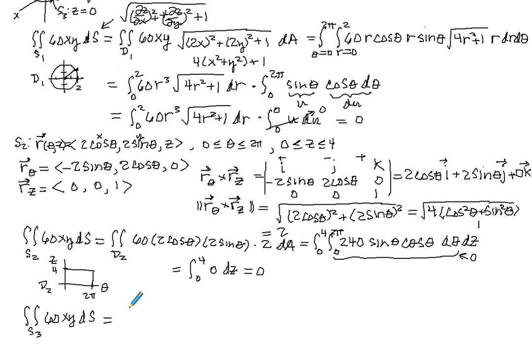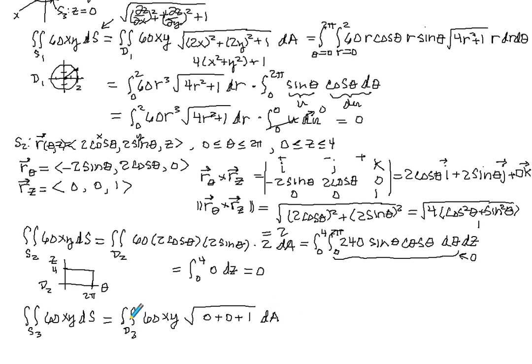So we're going to do a double integral over a domain D3 of 60xy times the square root of dz dx squared, which is 0, plus dz dy squared, which is 0, plus 1, dA.